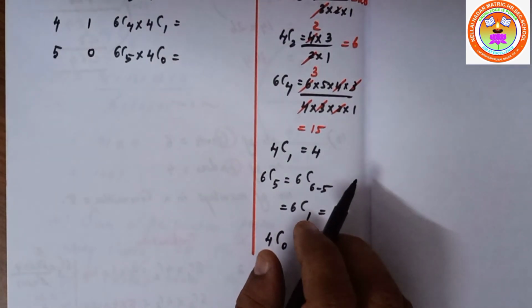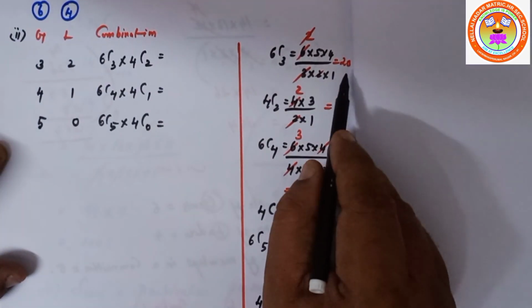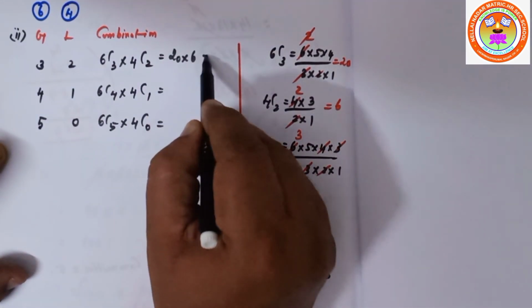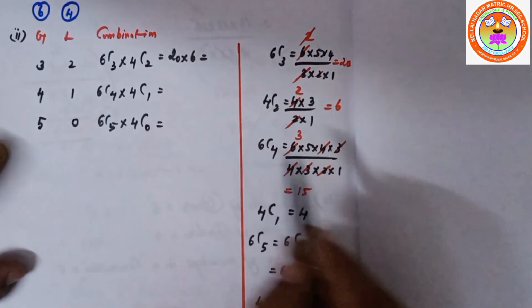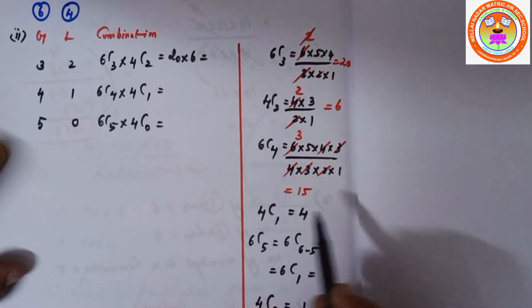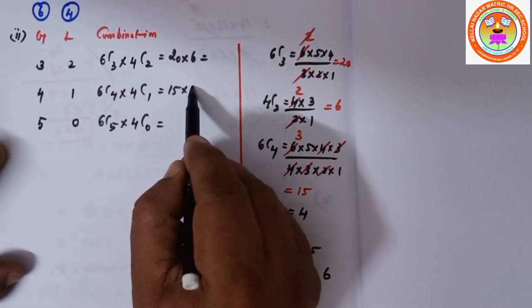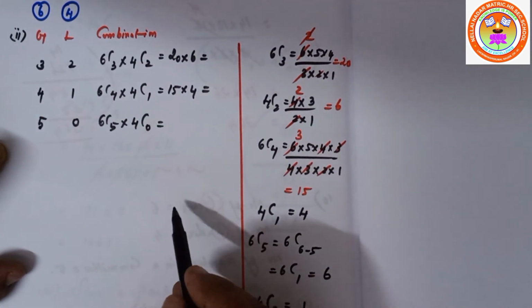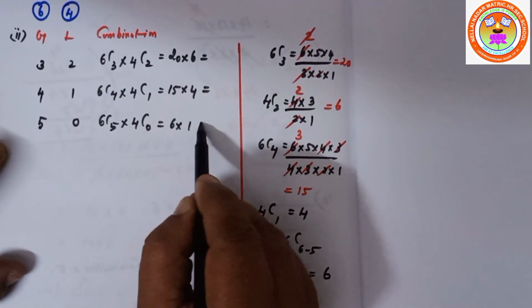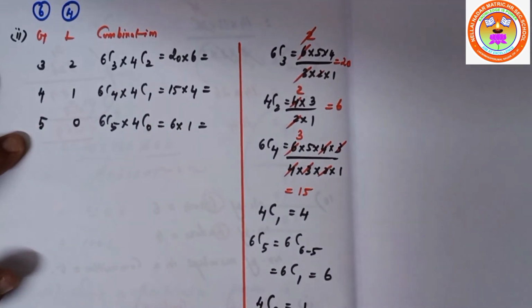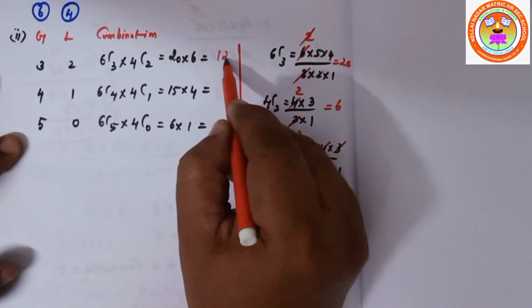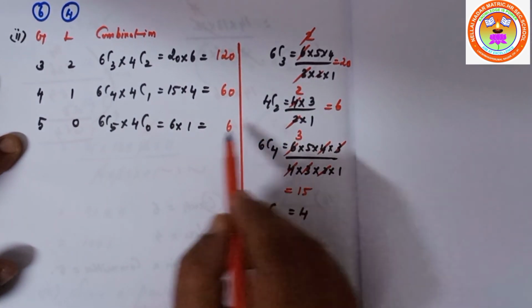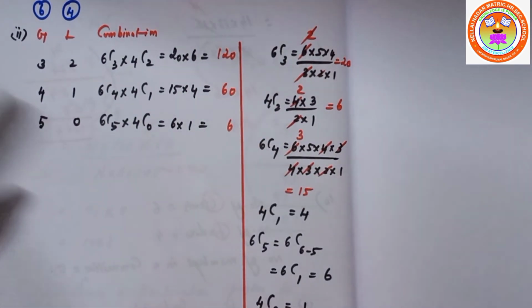Now you write the 6C3 value, 6C3 that is equal to 20, 4C2 equal to 6. 20 into 6. 6C4 and 4C1 that is 15 and 4. Finally 6C5 that is 6, 4C0 is 1, 6 into 1. That is equal to 20 into 6, that is 120, 15 into 4, that is 60, 6 ones are 6, together 186.